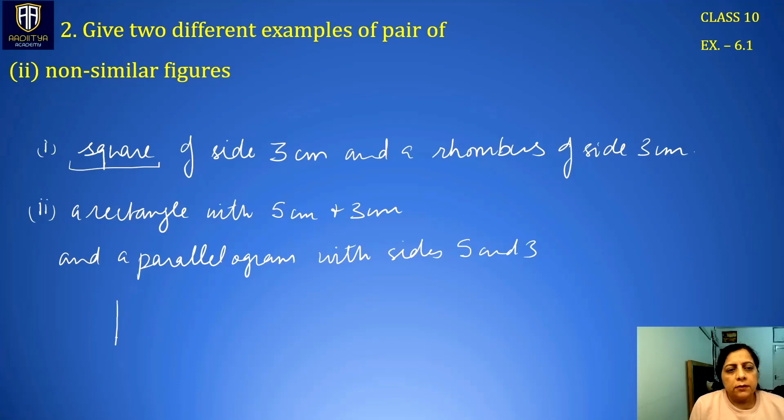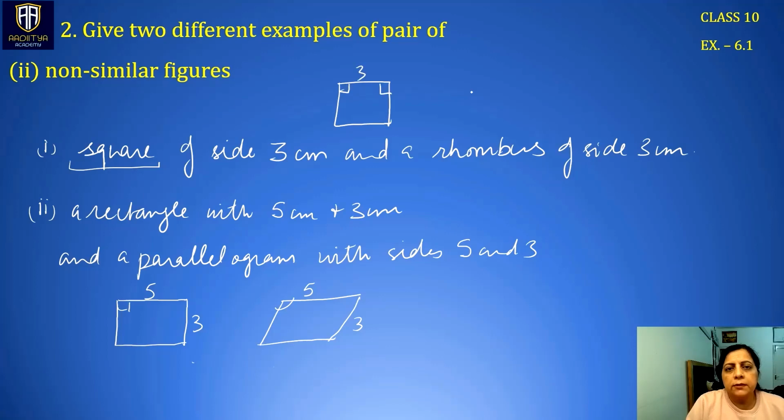You can see here, this is a rectangle, let this be 5 and this be 3, and this is a parallelogram with the same measurements 5 and 3, but since the angles here are not equal, they are non-similar figures, right? Here also the square is like this, all the sides are equal, here it is 3, all the angles are 90 degrees, but in case of a rhombus it is like this, sides may be 3 but the angles are not equal to this polygon, so they are non-similar.